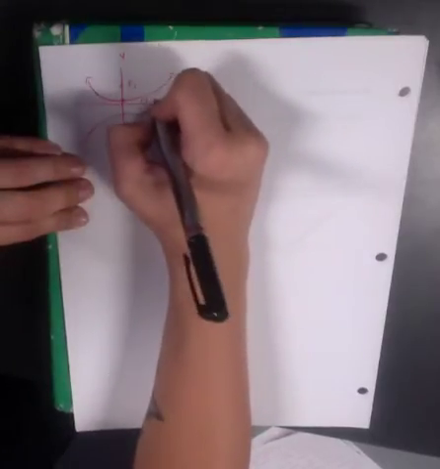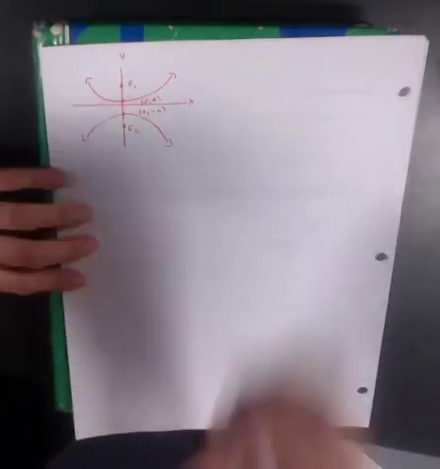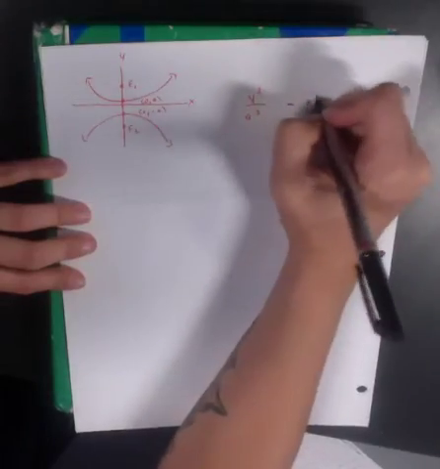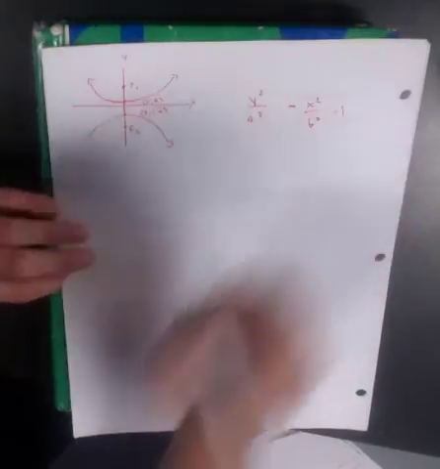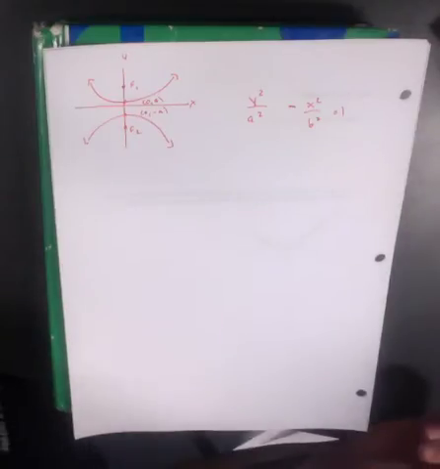And then this point is 0, a, 0, minus a. And it changes. We have y squared over a squared minus x squared over b squared equals 1. In this case, the order does matter. Okay, if y squared is first, then that means the foci are on the y-axis.